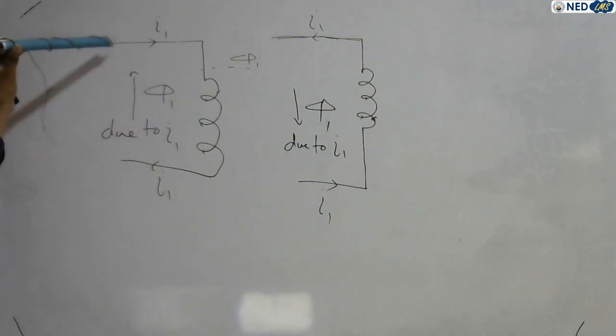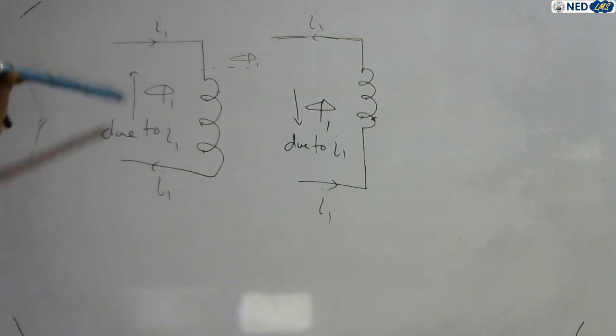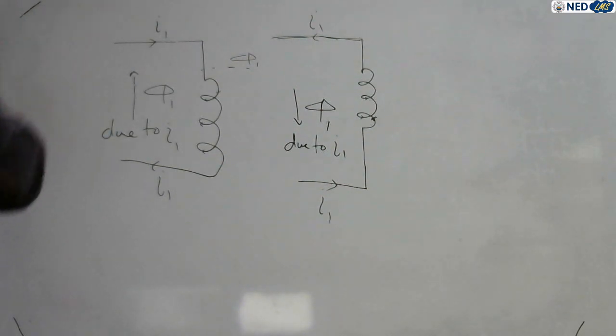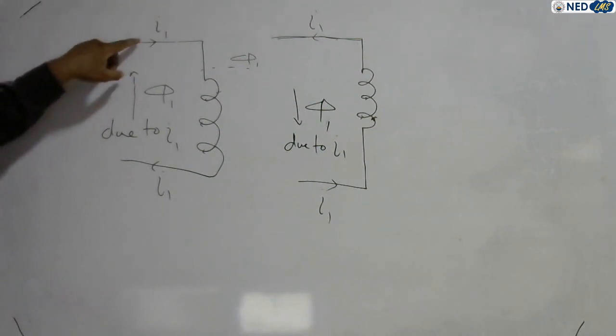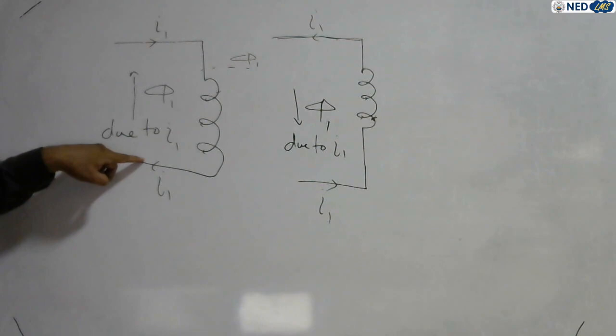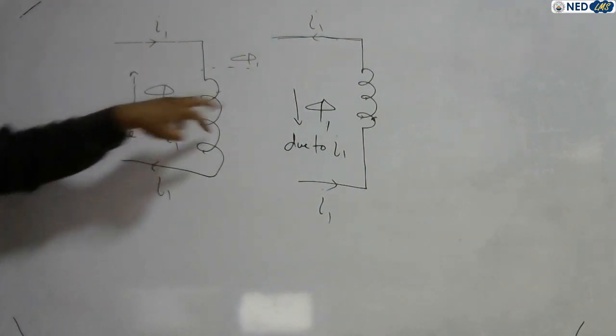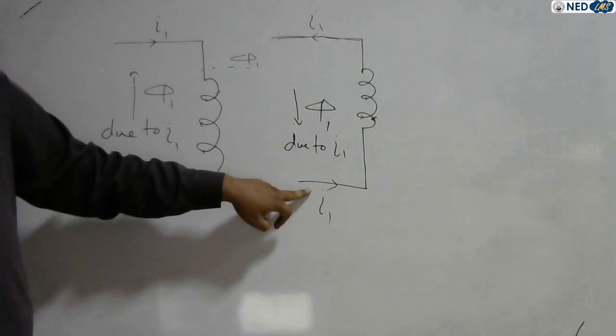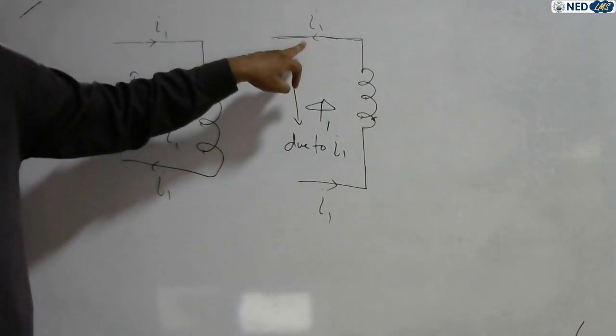See, current will flow in the terminals. These are the terminals of the coils. Current flows from the top to bottom. Current is entering the coil from the top terminal and leaving from the bottom terminal. In the second example, you see current is entering from the bottom terminal and leaving from the top.